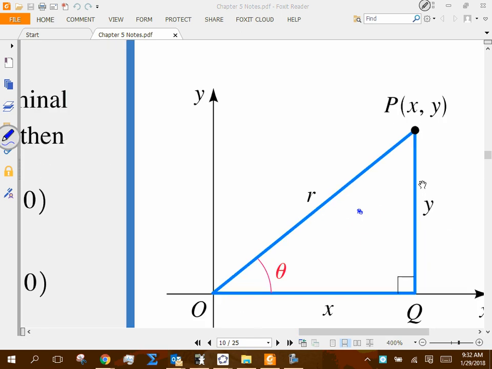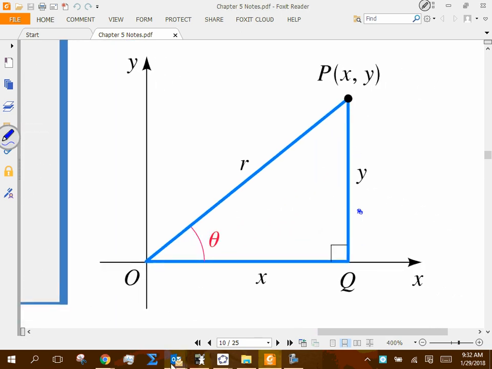If I know that I'm looking at this point right here, and I know the location of that point in the coordinate plane, that gives me, for theta, the opposite side real fast, and the adjacent side real fast, doesn't it? Because the x value of that point P is the adjacent side. The y value of that point P gives me the opposite side in regards to theta.